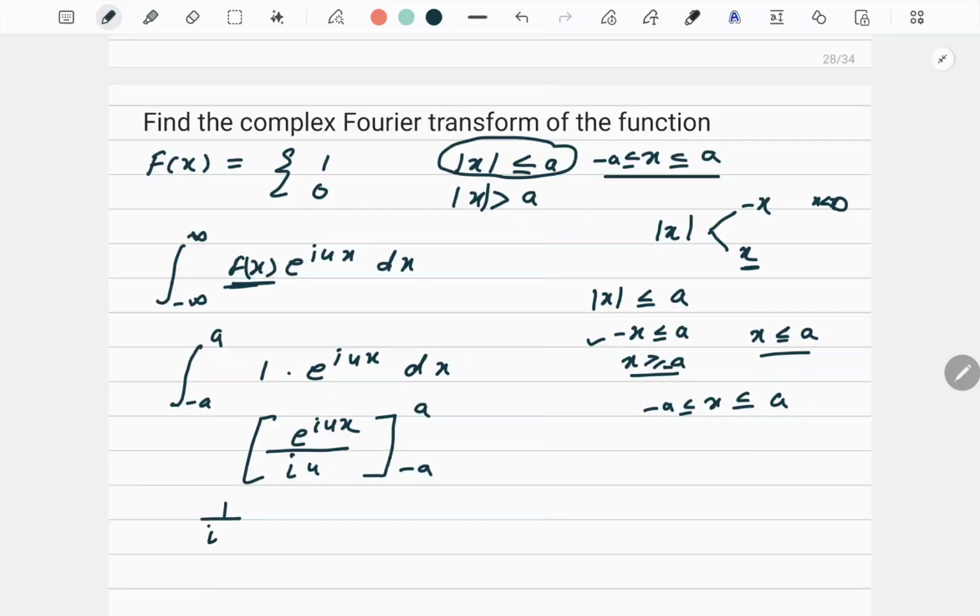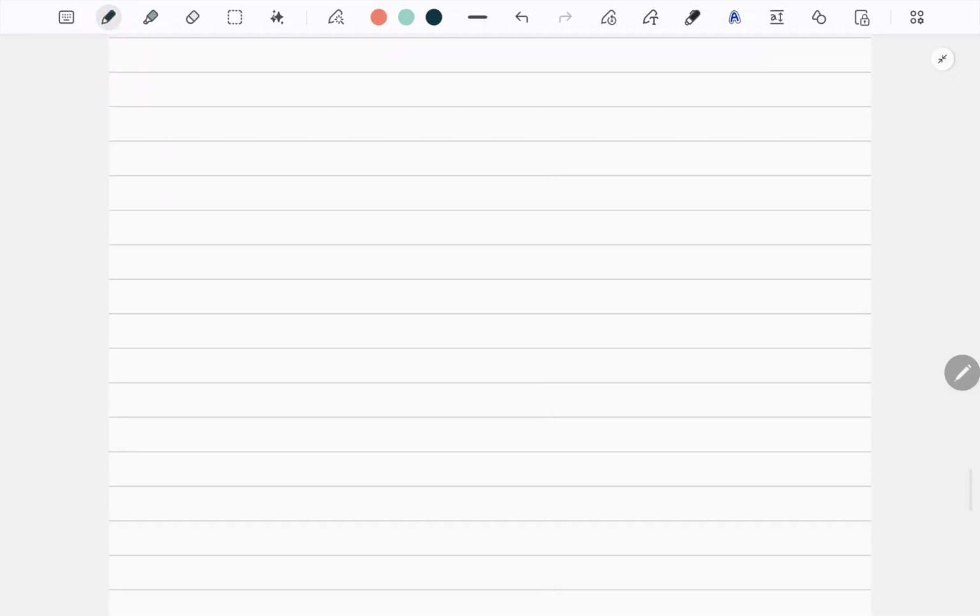So 1 upon iu is common. Now let me put in the limits: e to the power iau minus e to the power minus iau. Correct. Now here I will tell you two formulas.